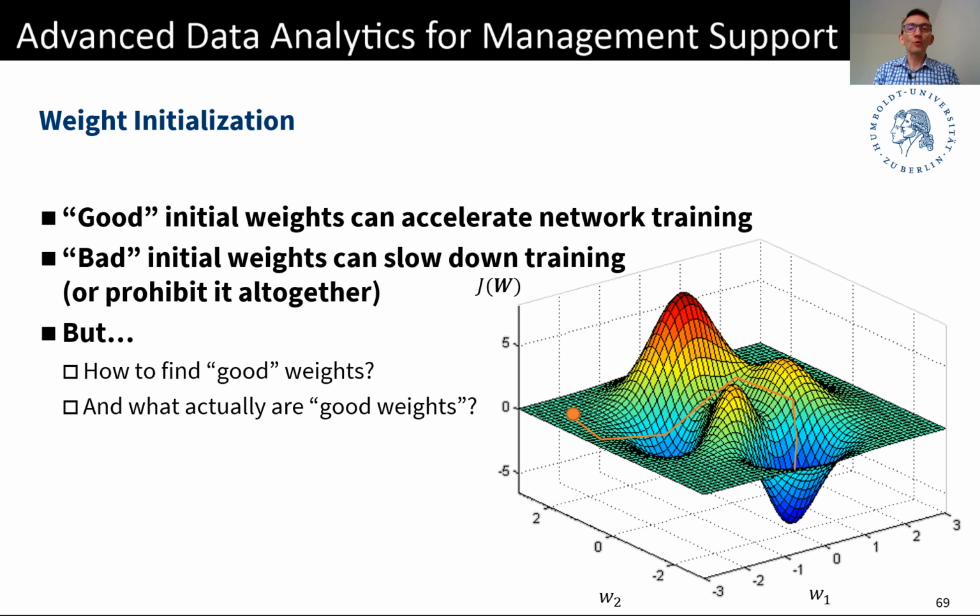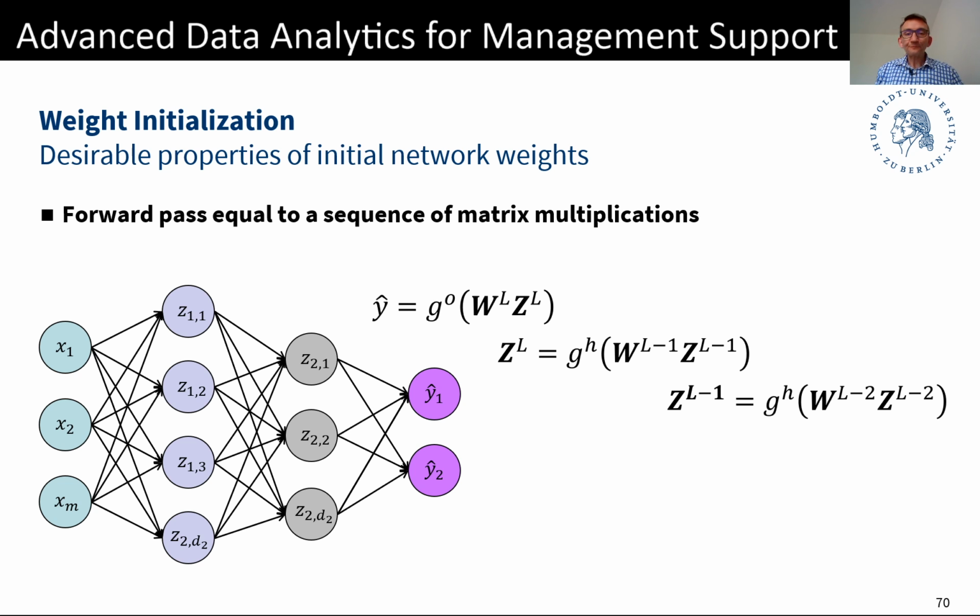That question has been examined in some research, and some approaches toward weight initialization have been proposed that should hopefully give us a good starting point for training. To fully appreciate the consequences of bad weights, first of all, remember that the forward path in a neural network is essentially a chain of matrix multiplications.